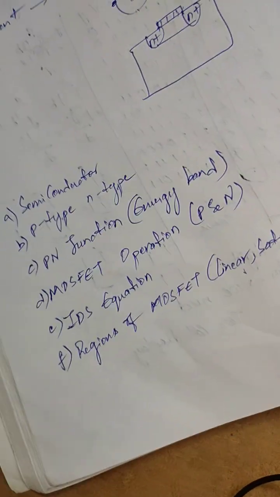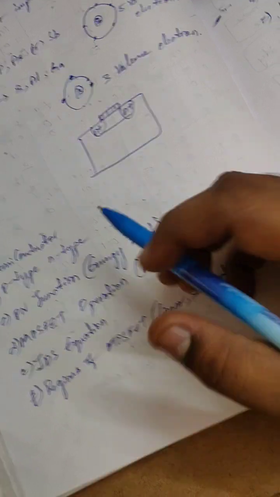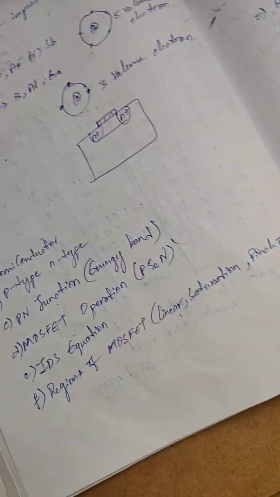Now we talk about MOSFET operation, building on the PN junction.